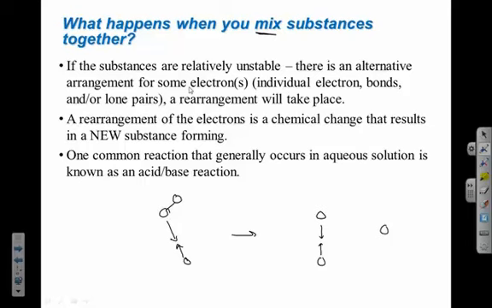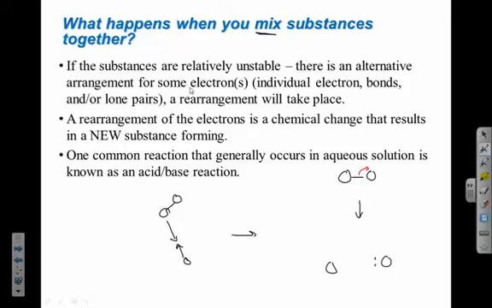It could break a covalent bond by having both electrons leave with one atom, and that would give you one atom that has that pair all to itself and the other atom doesn't have any.